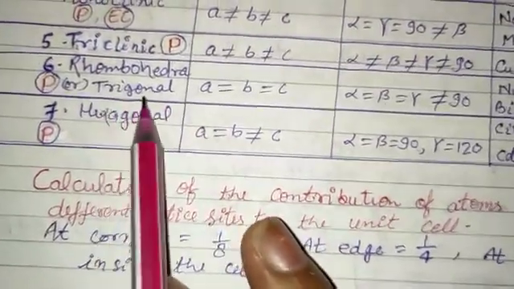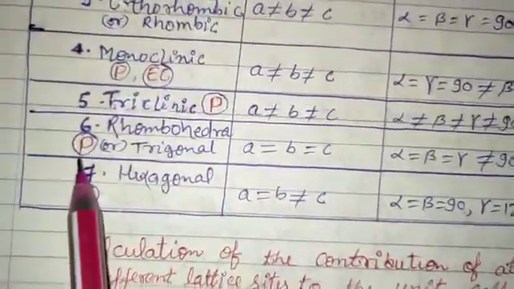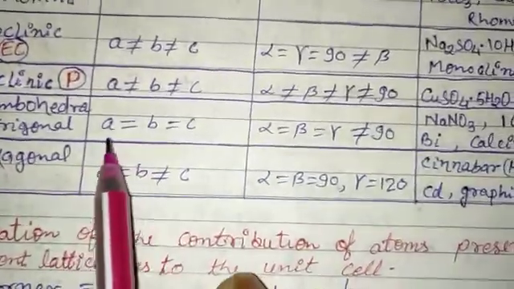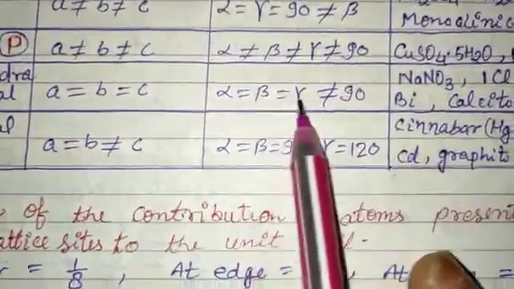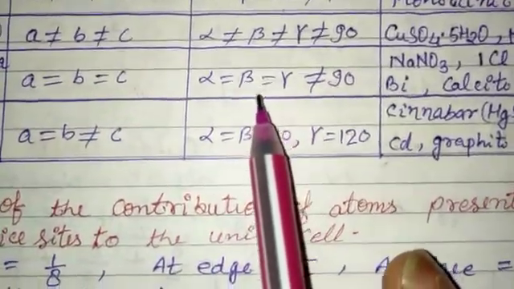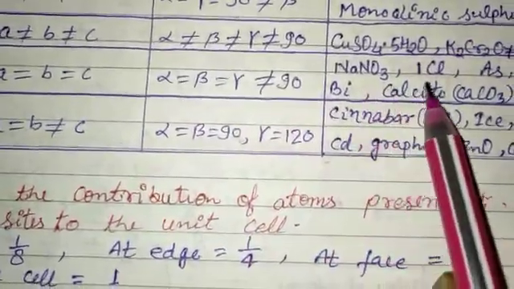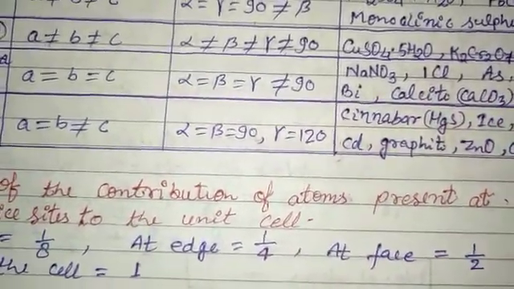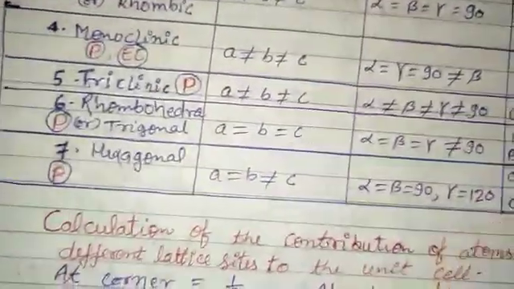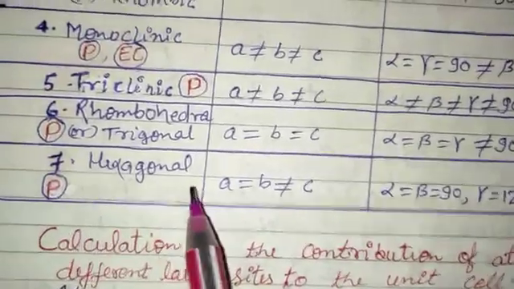Next is the rhombohedral or trigonal crystal system. In this, the primitive type is possible, in which all the edges are equal to each other and all the angles are also equal to each other but not equal to 90 degrees. Examples: sodium nitrate, ICl, As, etc. Next, the last system, hexagonal.